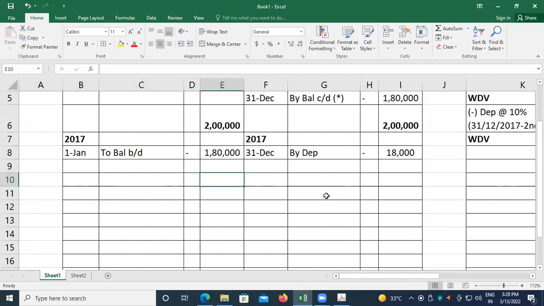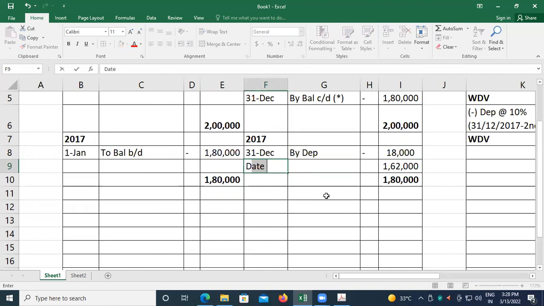So now, as we can see, 1,80,000 is the total which is on the highest side. So let me write it down here in bold letters. Here also I will write in bold. So if you calculate 1,80,000 minus 18,000, what is the total value of the balance left here? 1,62,000.